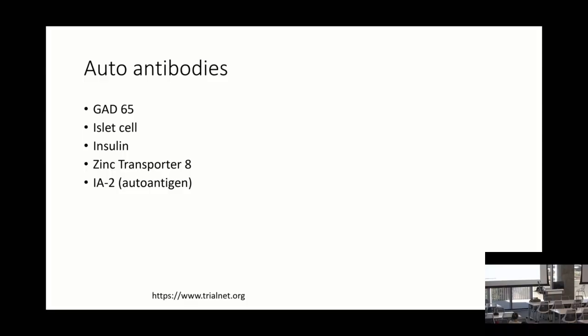So what are some things that might make you screen somebody for type 1 diabetes? Suppose they have a new diagnosis of diabetes. What are some things that might make you suspect type 1 diabetes? What are some clinical factors, either by how the patient presented or their physical appearance, or is there anything that you see that might make you suspect type 1 diabetes?